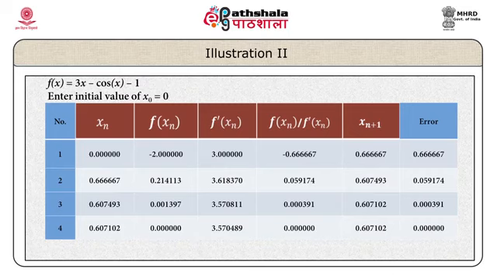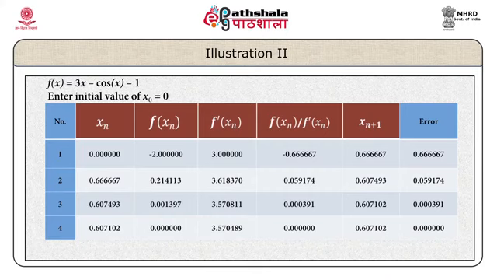Take the ratio of f upon f dash, that is 0.214113 upon 3.618370, that is 0.059174. Subtract this from x1, we get the answer 0.607493, and so the difference x1 minus x2 is 0.059174, and now 0.607493 becomes the input.